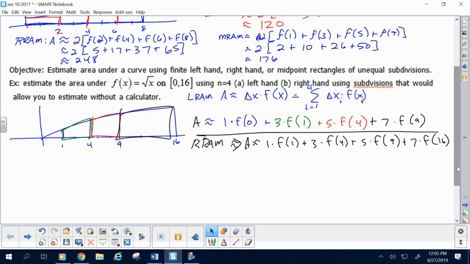You get the same deltas, but your heights are now f at 1, 4, 9, and 16. Notice it doesn't say midpoints because that would give you some nasty points to work with, which is not the point of this problem.